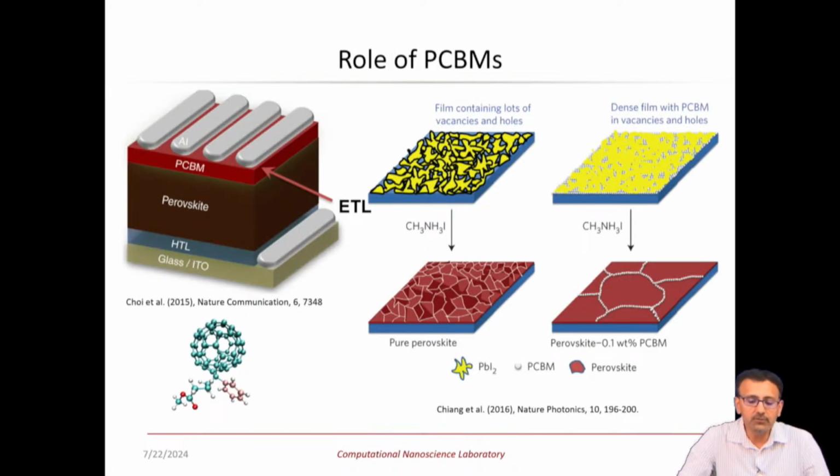So, one of the ways that experimentally has been explored is if you add this chemical, which is called phenyl C61 butyric acid methyl ester. So, it's basically a Buckminster fullerene functionalized with a phenolic group and this esteric group.